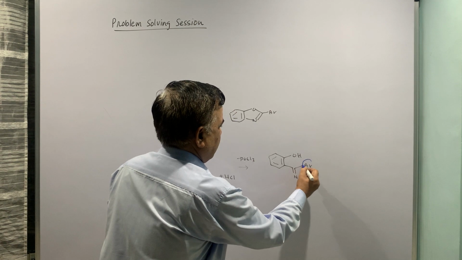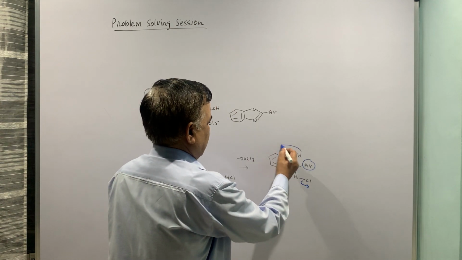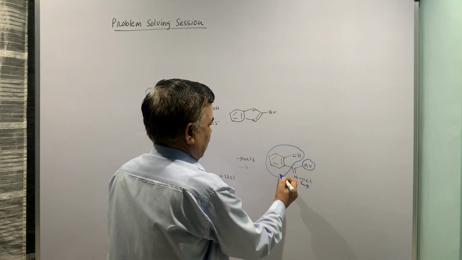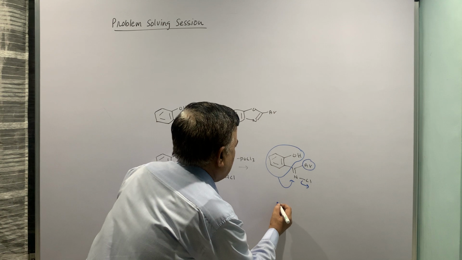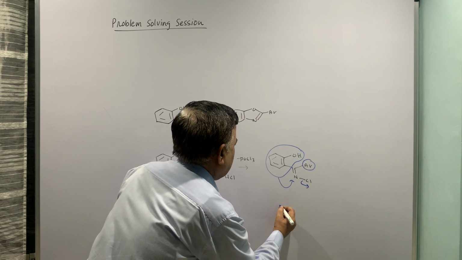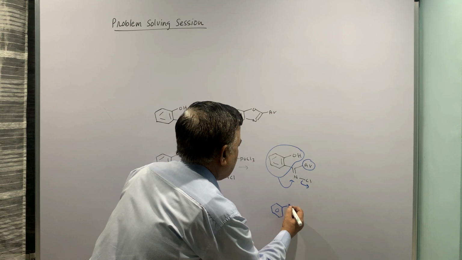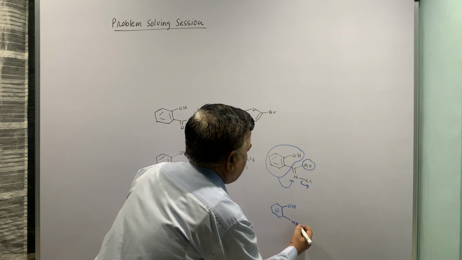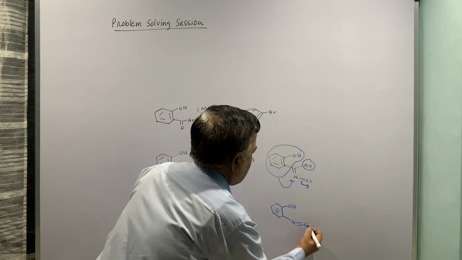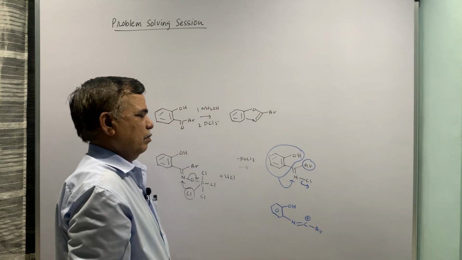Now, there are two rings, one is the phenyl ring, aromatic ring, the other one is with hydroxyl. So, this ring has got greater migrating aptitude. So, this migrates, and as a consequence of it, I will just draw the ring first. OH, this is attached to nitrogen, which is attached to carbon, which is attached to Ar. Okay.